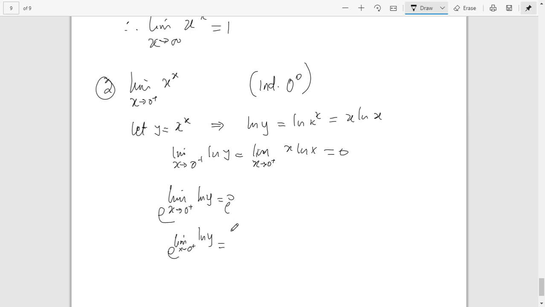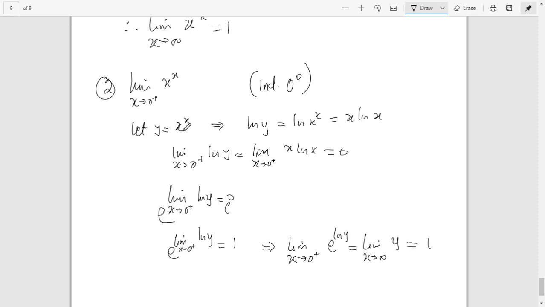The exponential of 0 is 1. This implies that my limit can come down. So the limit as x tends to 0 from the right of the exponential of the natural log of y, which is just y, is equal to 1.